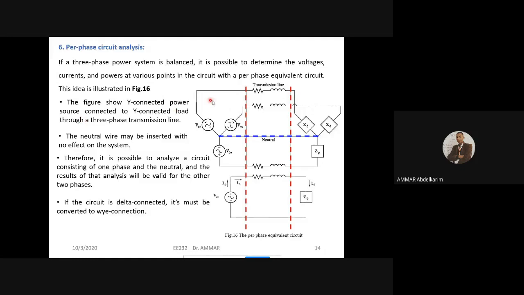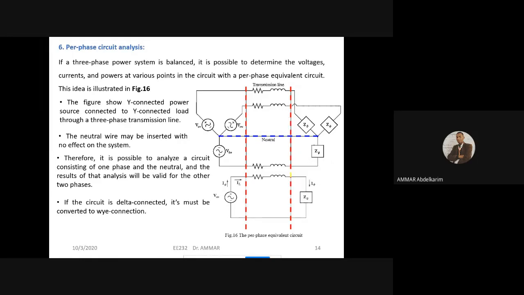This figure shows a Y-connected power source connected to a Y-connected load through a three-phase transmission line. So we have here a three-phase Y-connected source, and we have a Y-connected load. And this is the transmission line.